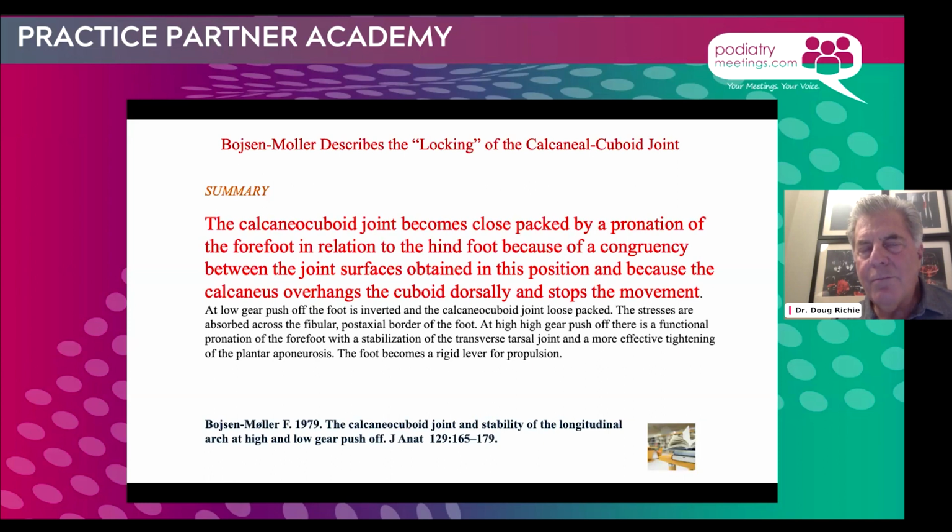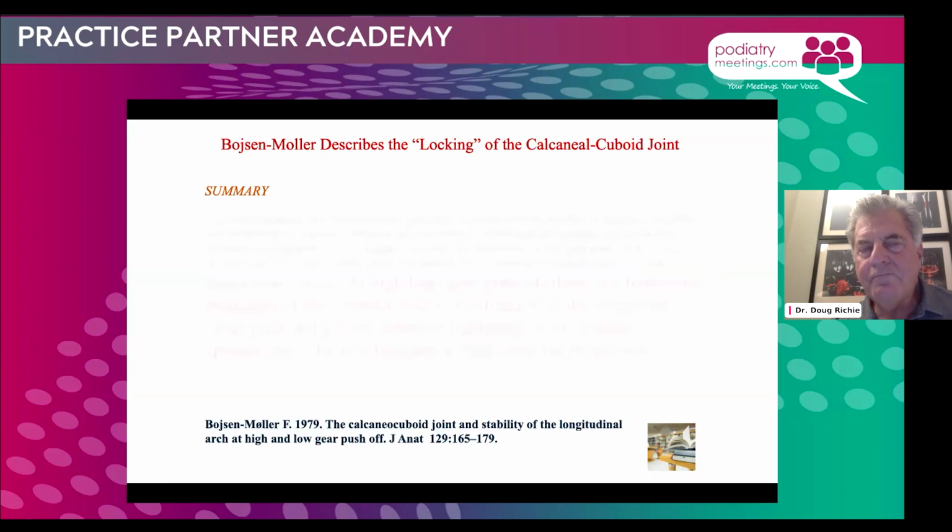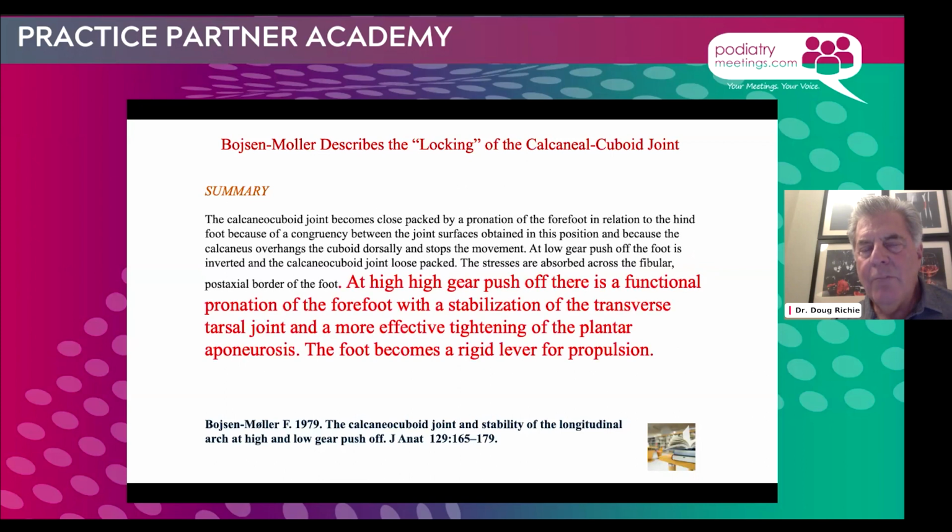He was really the first person to describe this osseous locking of the calcaneocuboid joint brought on by pronation of the forefoot on the rear foot, twisting of the forefoot on the rear foot, exactly as McConnell described 20 years earlier.